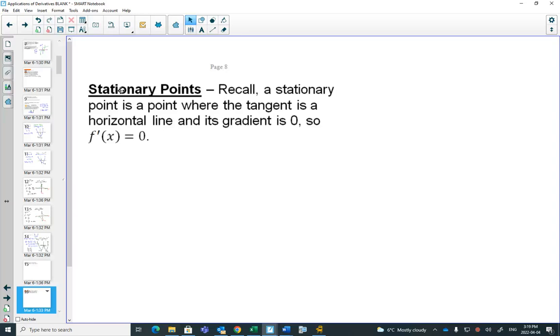So again, a definition that we had before, a stationary point is where the derivative is 0. And we talked about the types of stationary points already.